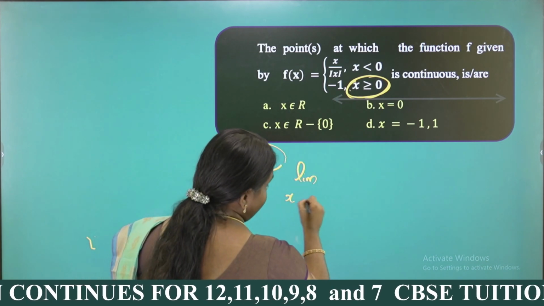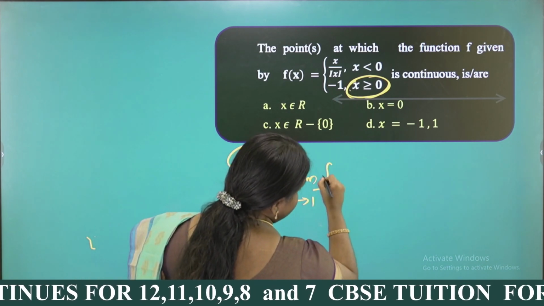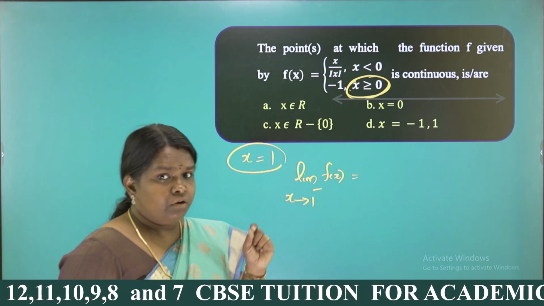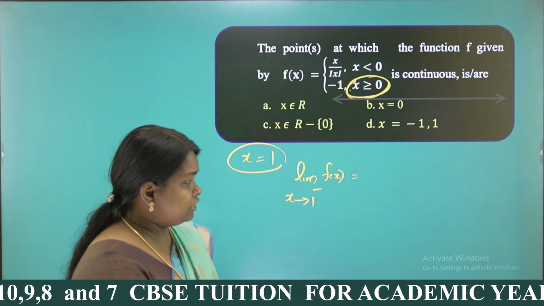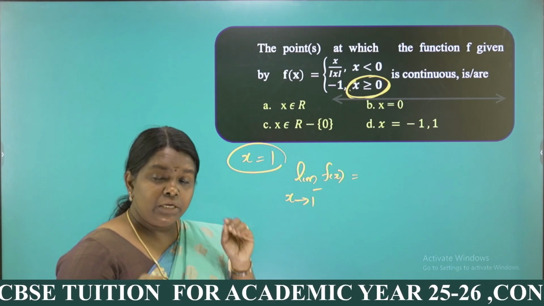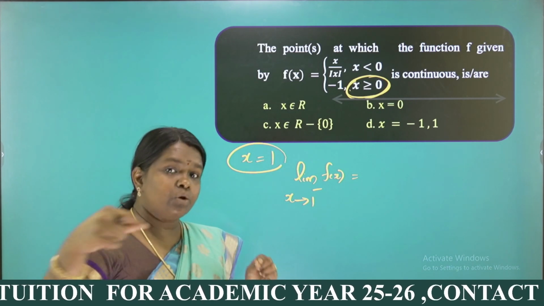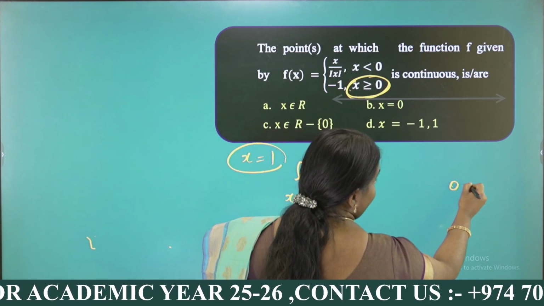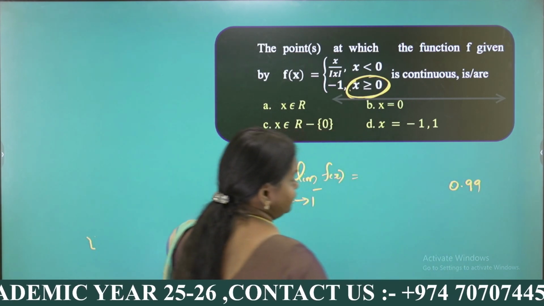Limit x tending to 1 minus f of x. What is happening to this one, dears? 1 minus means it is tending to 1 but very close to 1, right? It will be like 0.99, something like that.